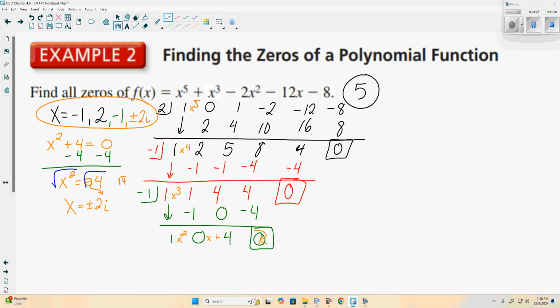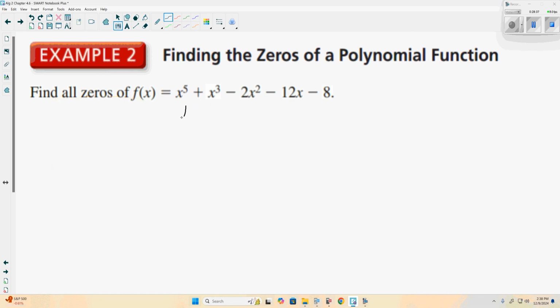I want to go back to this one here. Now this is extra. Y'all don't have to write this down. Y'all can watch this here. Now we did get the solutions, negative 1, 2, negative 1, and plus or minus 2i. 1, 0, 1, negative 2, negative 12, negative 8.